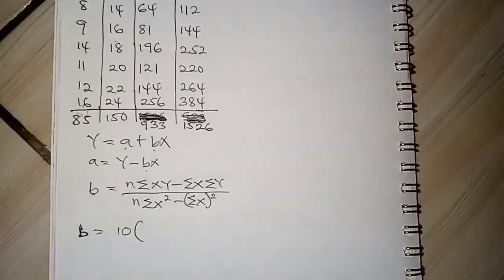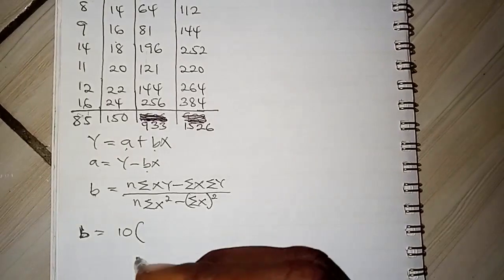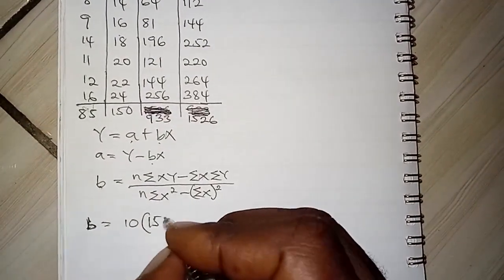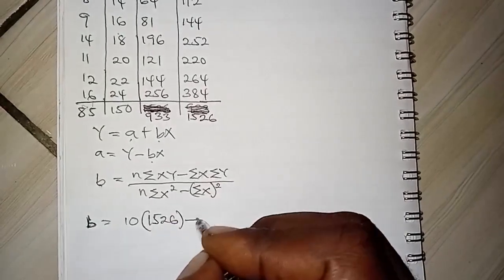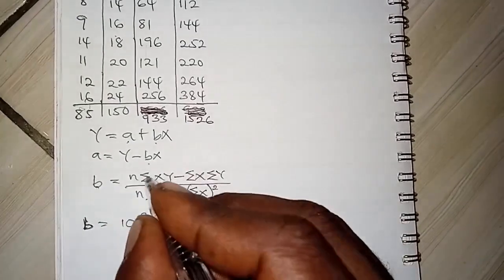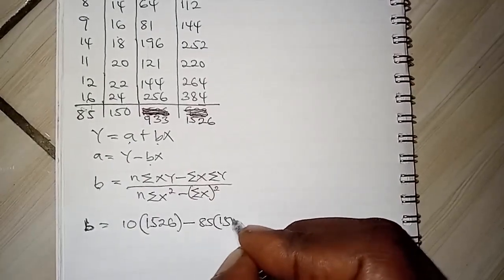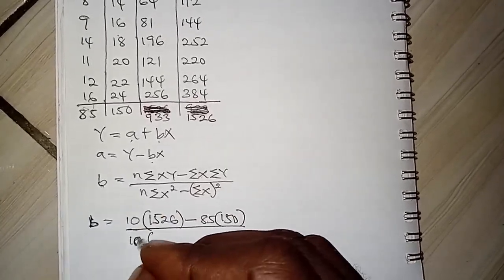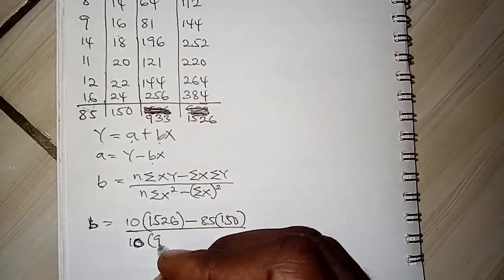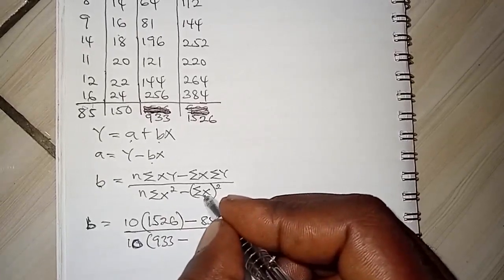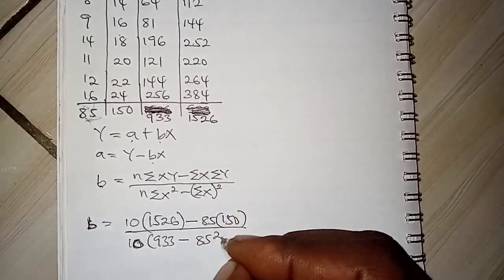Sorry for that. So we have 10 times 1526 minus summation x, which is 85, times summation y, which is 150, over 10 times summation x squared, 933, minus summation x all squared, which is summing x first then squaring it, 85 squared.